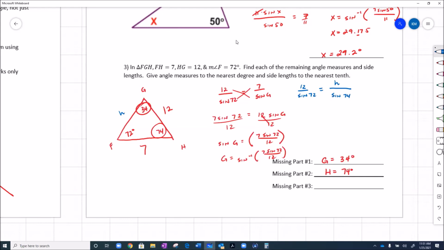So just trying to get rid of the sine 74 here, I'm going to multiply both sides by sine 74. And so I have 12 sine 74 over sine 72 should equal h.